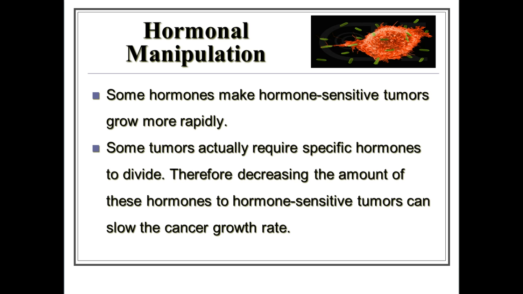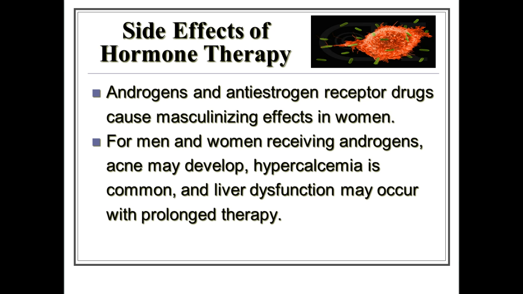Now, as a result of that, there can be specific side effects of various hormone therapies, or they may use a hormone that is an antagonist to another hormone. For instance, they might give a man an estrogen, or they may give an androgen to a female to manipulate the cancer.